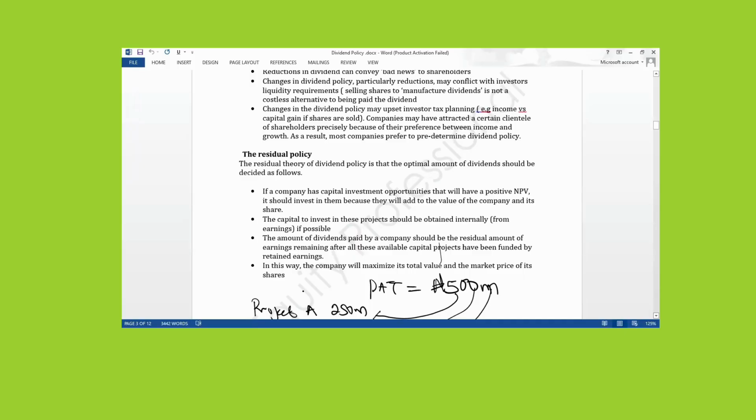One, if a company has capital investment opportunities with positive NPVs, then the company should invest in such projects, because by investing in positive NPV projects, that will increase the value of the company.